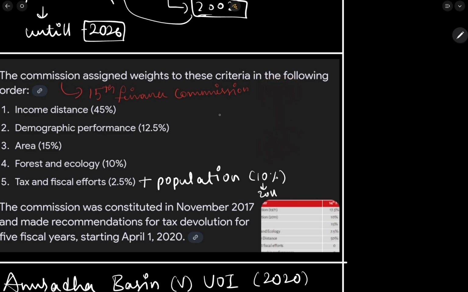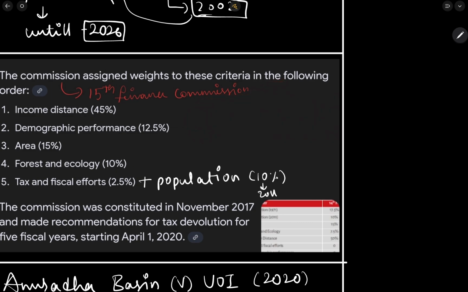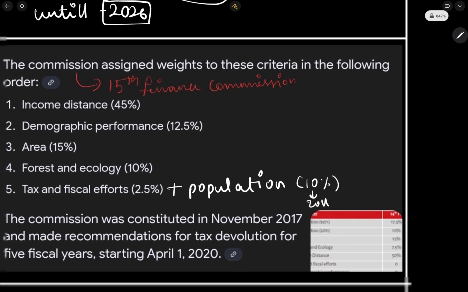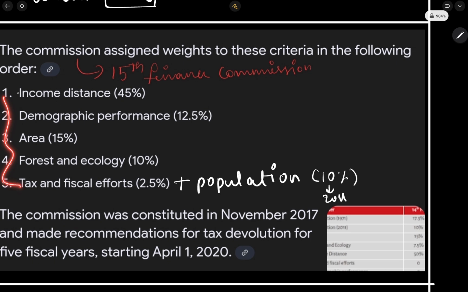But in the horizontal case, it is only the distribution of funds among the states, because they are all at a similar stage. The horizontal devolution of finances is done by assigning weights considering these six aspects.